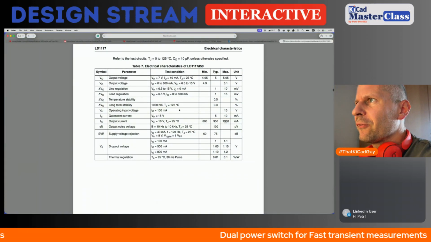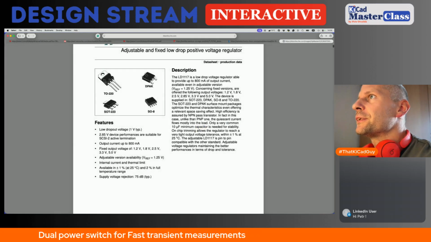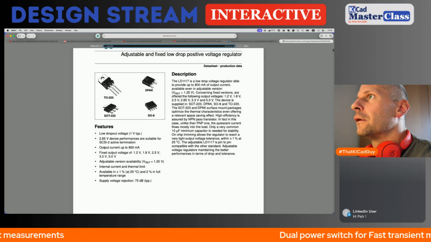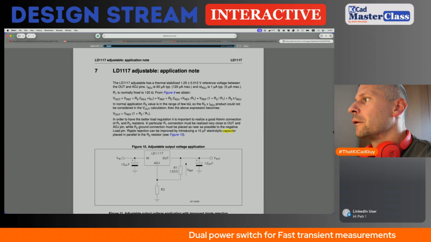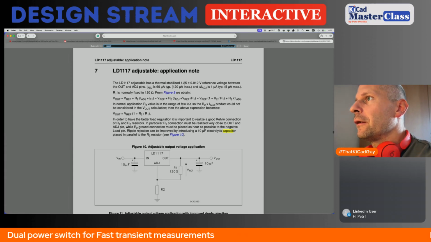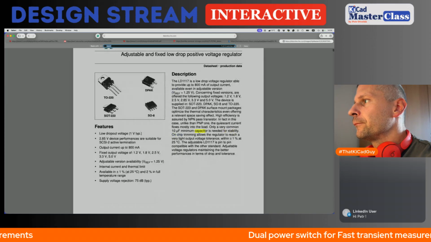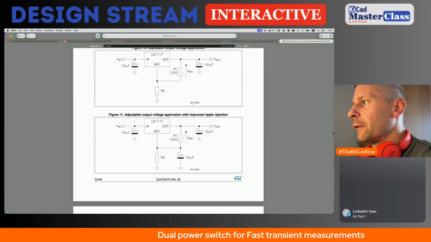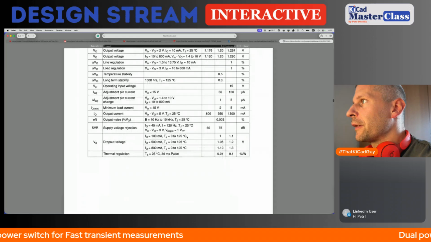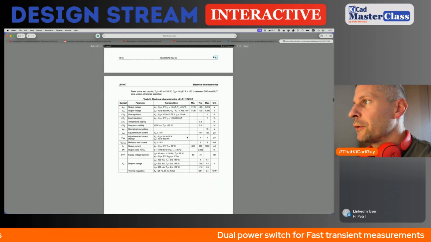We have to check what is the maximal output capacitance, which is another limiting value. There isn't specified the maximum capacitance on the output.